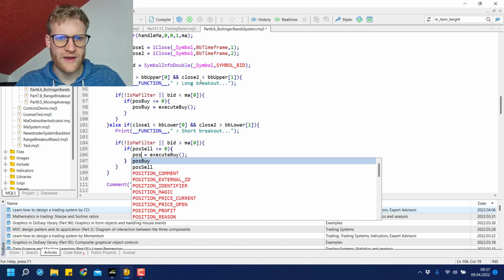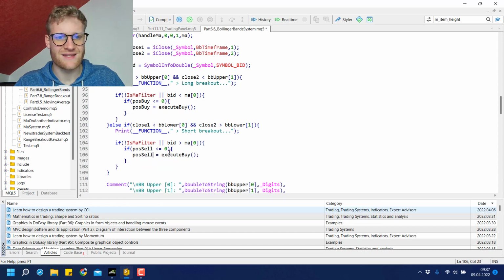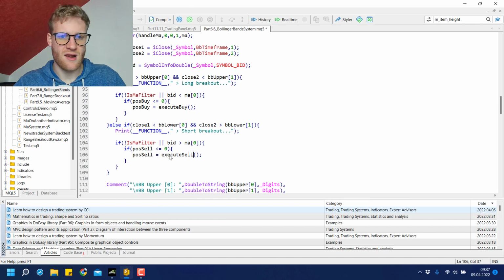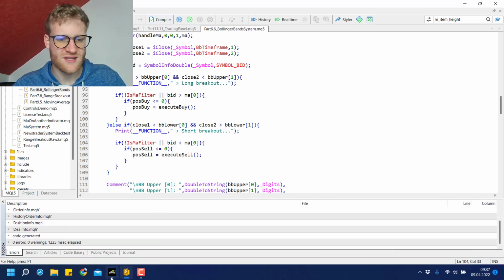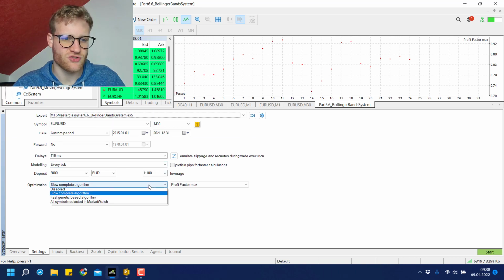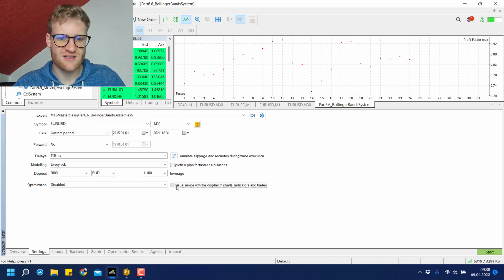If there's a short breakout, we want to open a sell position. Execute sell like this. We would have to turn the filter around, but since we do not need it, it doesn't really matter. So if I compile this now and run the program again, in a simple visualized backtest, let's have a look at this.